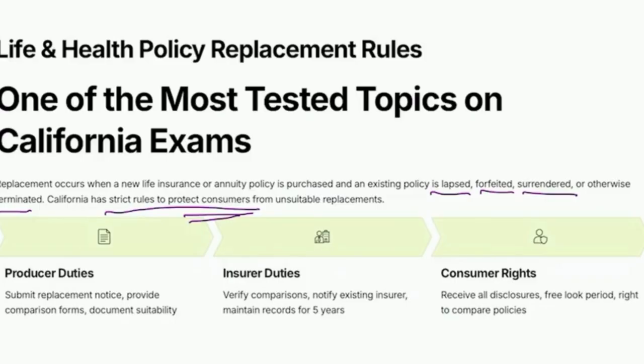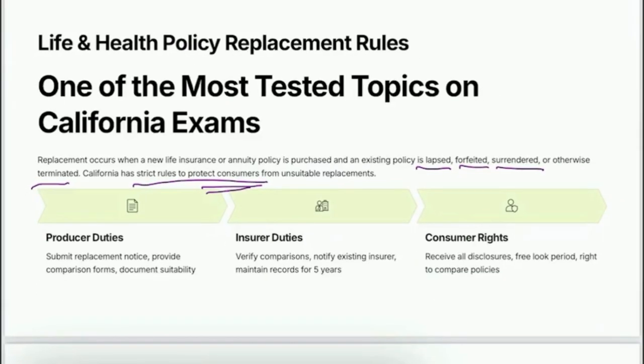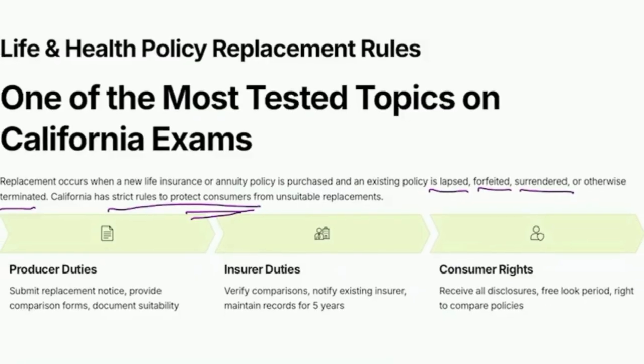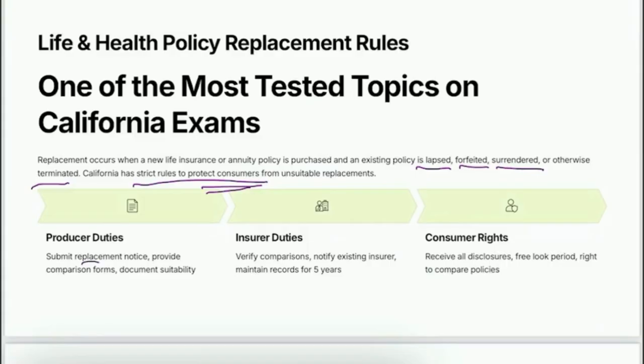Or they signed their home and auto, and then they want to come in and talk about whether they are in the best spot with their policy, etc. But in order to do so, you have to submit a replacement notice, provide comparison forms, and document suitability. We're going to go over those in a little bit more detail on the next slide.